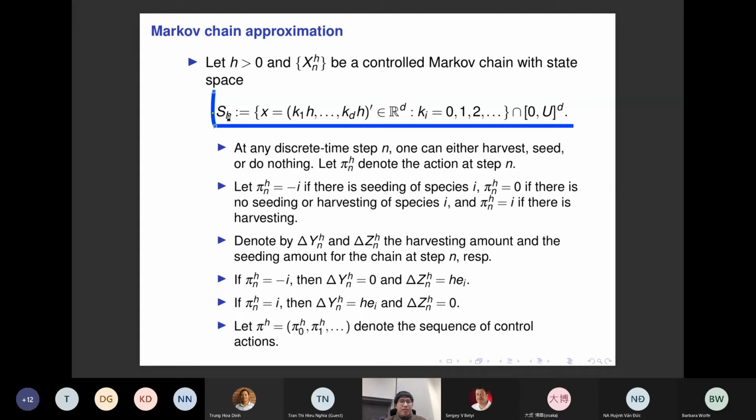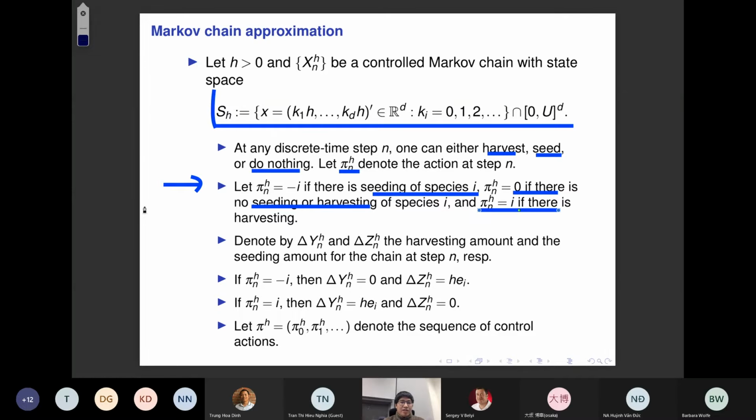In order to mimic the behavior of the original population process, we introduce harvest, seed, and do nothing. So we have three options: harvest, seed, or do nothing. And the action at step n is denoted by pi n h. So we have many options at a specific step. We might want to seed for species i, or we do nothing, or we harvest species i.